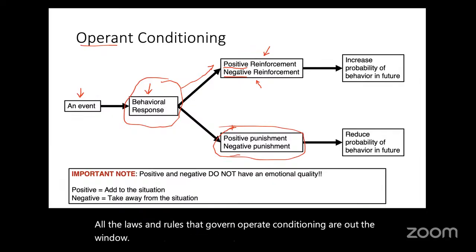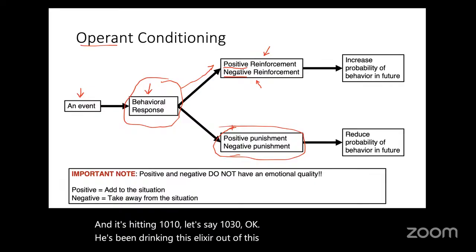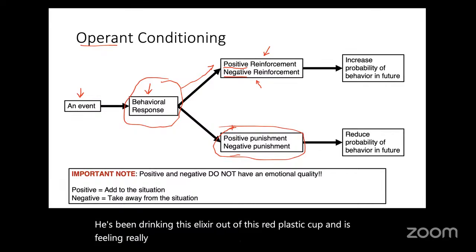So let me bring up our teenager again. Our teenager is at a party and it's hitting 10, let's say 10:30. He's been drinking this elixir out of a red plastic cup and is feeling really good based on that quote unquote punch.